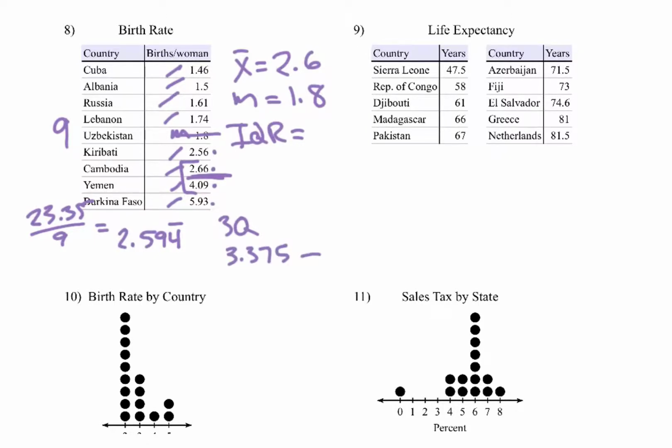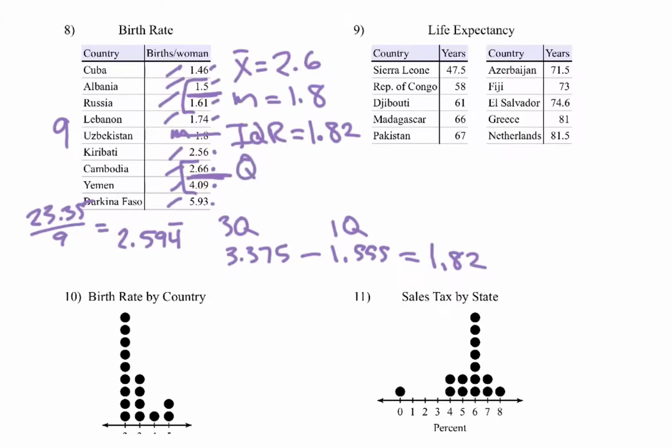We're going to subtract our first quartile, which is going to be in between 1.5 and 1.61. So 1.5 plus 1.61 equals 3.11. Divide that one by 2. We get 1.555. So I take 3.375 minus 1.555. That gives me 1.82, and that is my interquartile range.